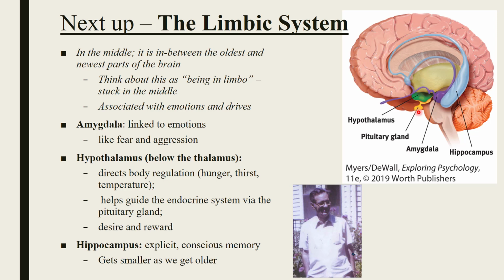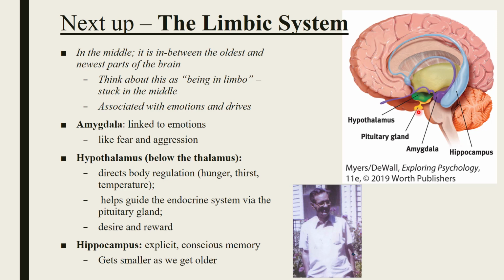The pituitary gland will release the proper hormones in your body to help adjust whatever it is that needed adjusting. And if something is not right in the body, the endocrine system will send messages back to the hypothalamus saying, hey, this is out of balance. We don't have enough salt, or we don't have enough sugar, or we have too much sugar in the blood. And then your hypothalamus will send signals so that your body corrects it.